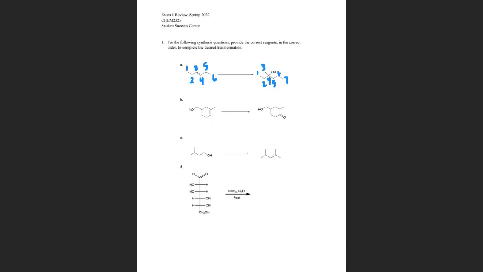So we'll keep that in mind. If you guys remember, one of the reactions that we can use in order to remove that double bond and add an OH group is called oxymercuration demercuration. So we will go ahead and work that out.